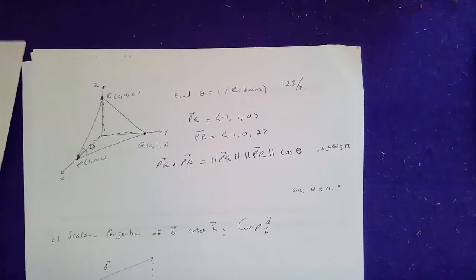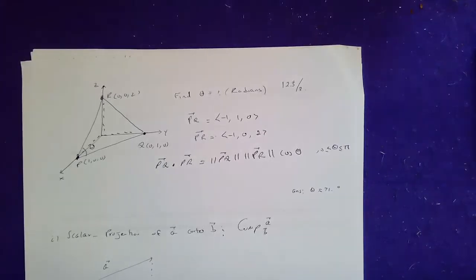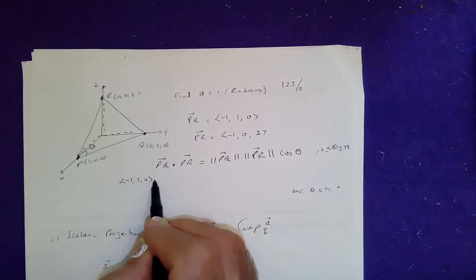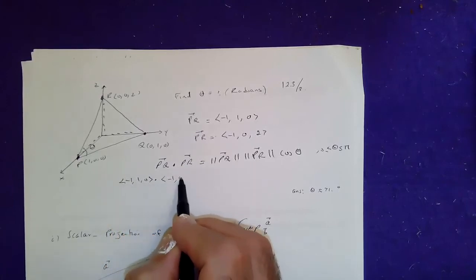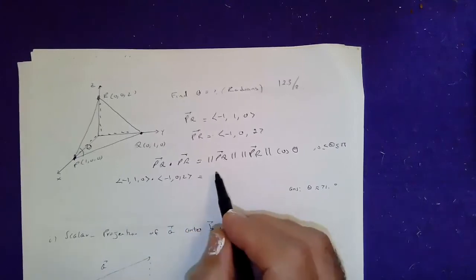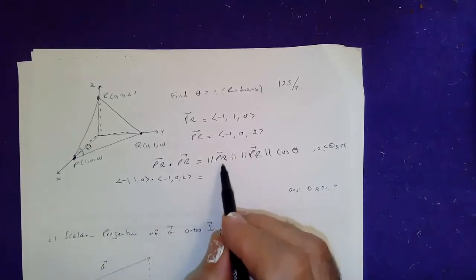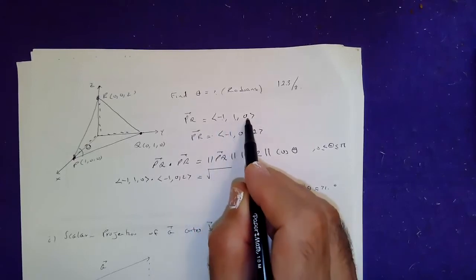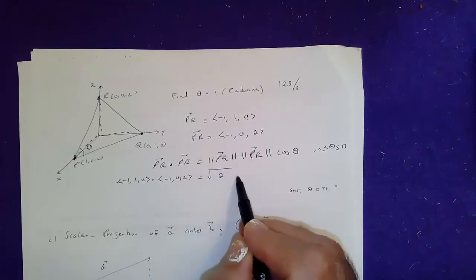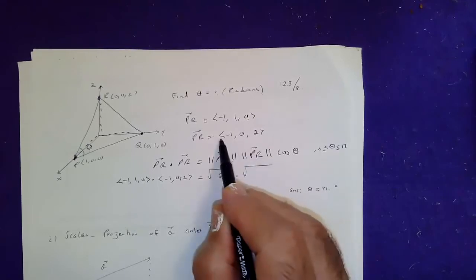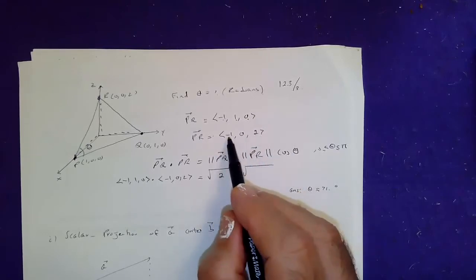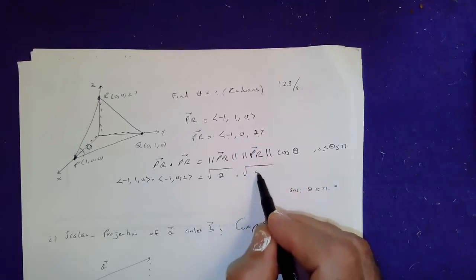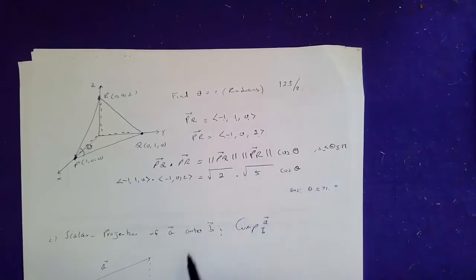So now what we got is what? -1, 1, 0 dotted with -1, 0, 2, and the magnitude of PQ is the square root of 1 squared plus 1 squared plus 0 squared, which is square root of 2. Magnitude of PR is the square root of 1 squared plus 0 squared plus 2 squared, which is square root of 5, times cosine of theta.